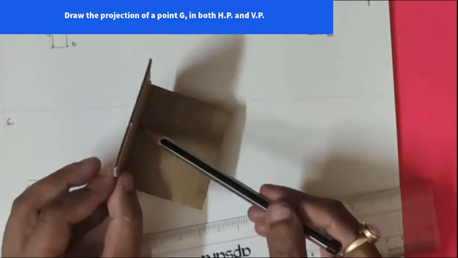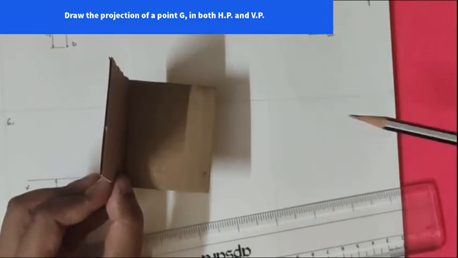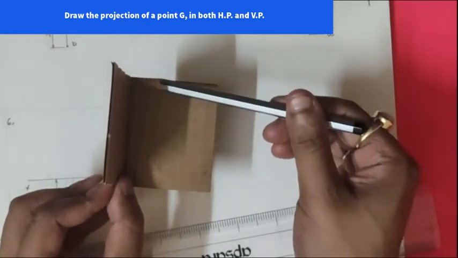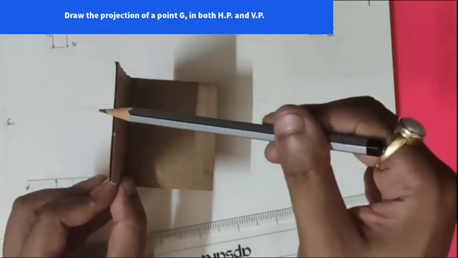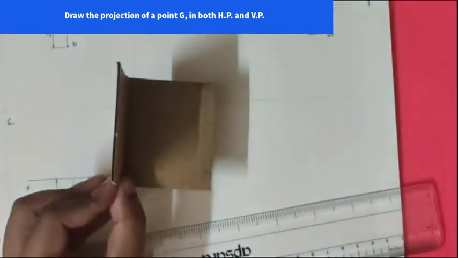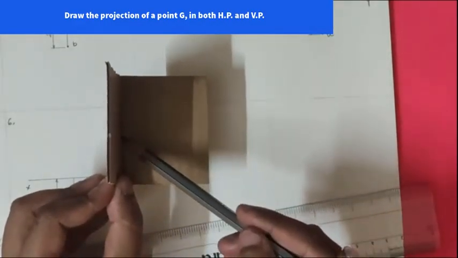So XY line thakile ki hobo? When we see the front view, then the line or the point will be where? Projected in this XY line. Upar pa jitya sam top view, then also the point will be in the same position.